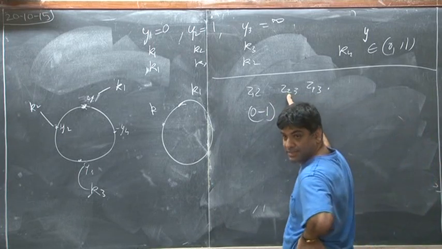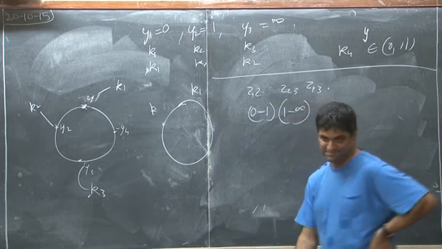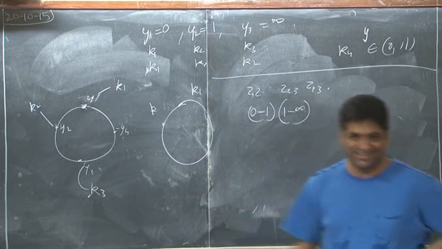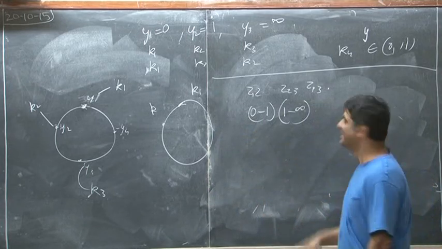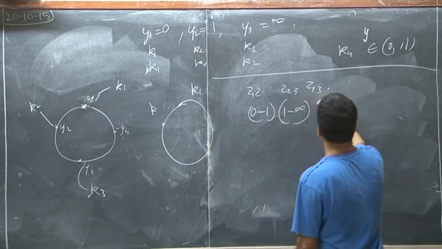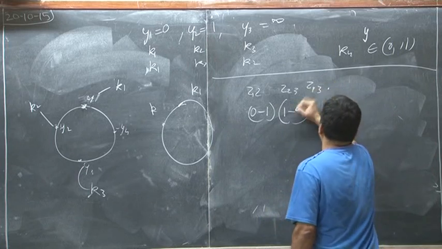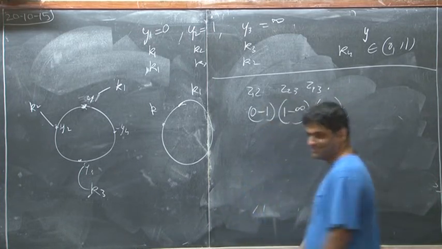Z23 is more violent. It's 1 minus infinity. We'll imagine that infinity is some very large number which we'll regulate. Z13 is just 0 minus infinity.